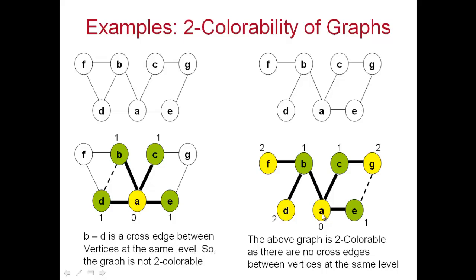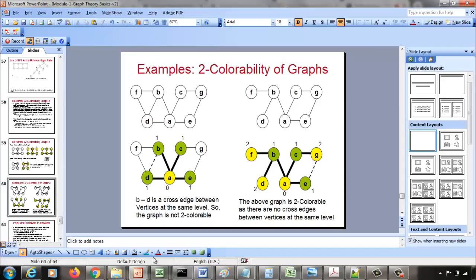So the two partitions are going to be based on the level numbers. The ones that are at the odd level are in one partition, the ones at the even level are in the other partition. So let me draw here somewhere: A, D, F and G are at even level, and B, C and E are at odd level numbers.